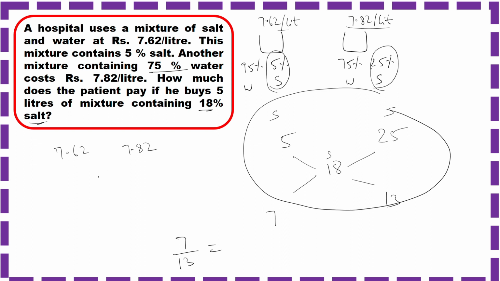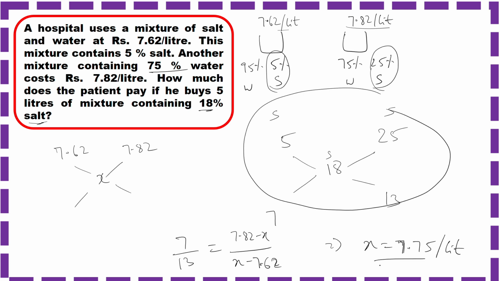So let that be x. So what is the value here? 7.82 minus x by x minus 7.62. Now just cross multiply and we will get x as 7.75 per liter.